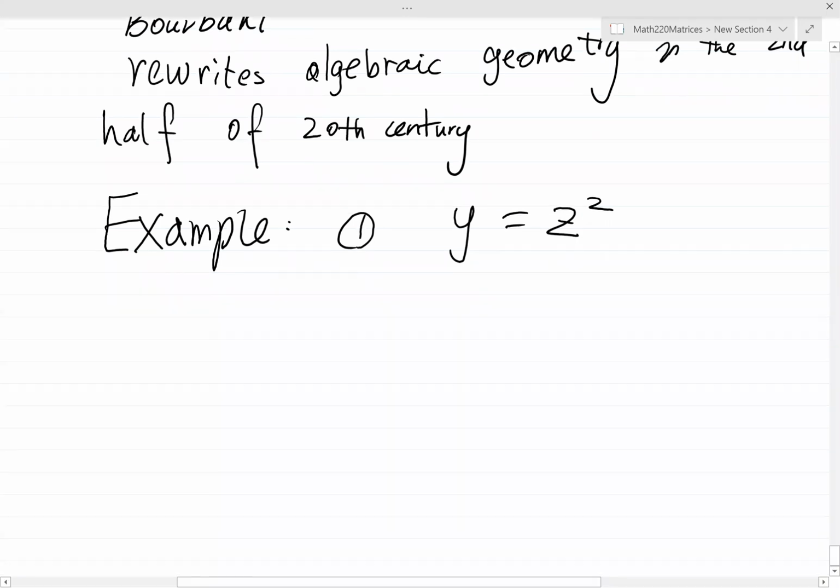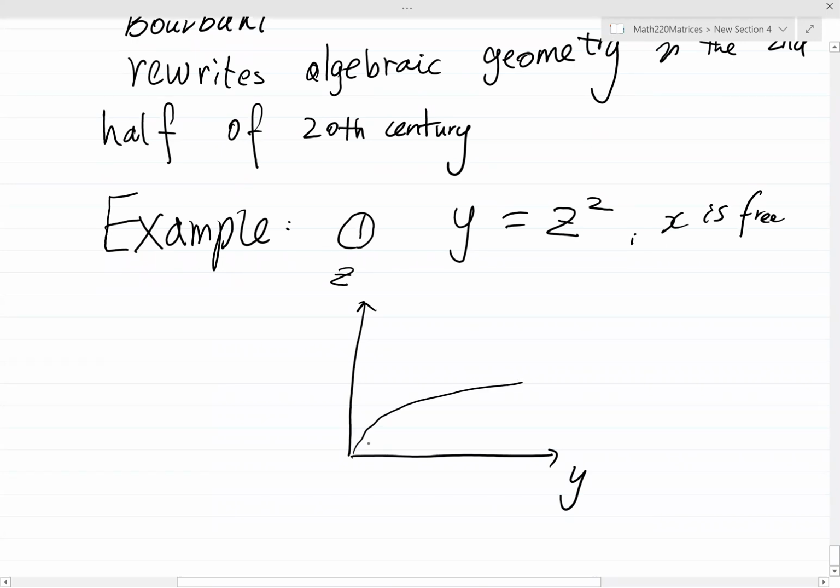Here x is free, so we can translate along x. We don't need to write about x. When x is 0, y equals z squared, so this is actually a parabola. If this is the y-axis and this is the z-axis, then y equals z squared looks like this. A parabola.